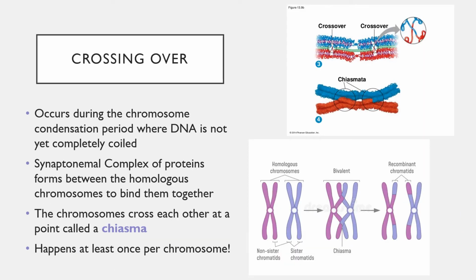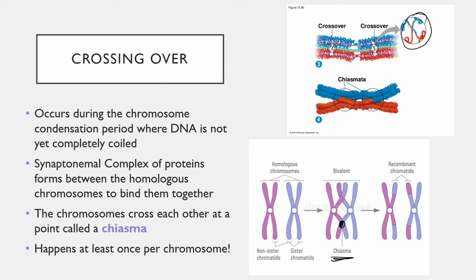What essentially is happening is as the two chromosomes get closer together, they're going to have a synaptonemal complex form. Basically, it's proteins that draw them closer together. And when that happens, sometimes the legs cross over each other, as you can see here. And that crossing over point is called a chiasma.